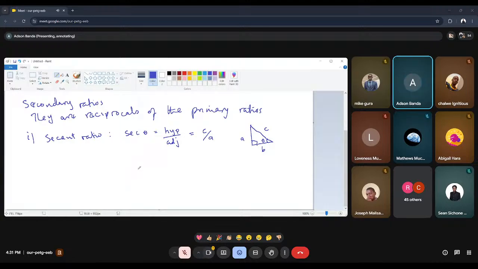But then you also know from what you have done before that the sec of theta, or the secante of theta, is just 1 over the cosine of theta. So that is the reciprocal of the cosine.